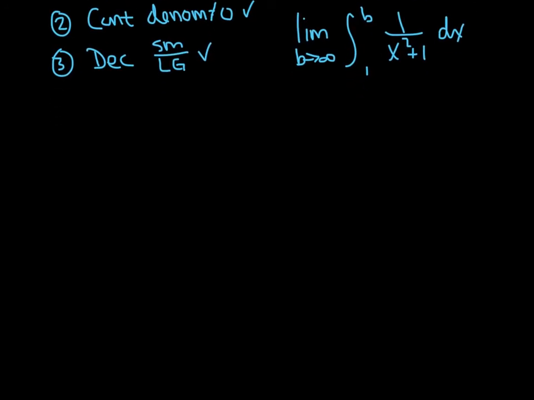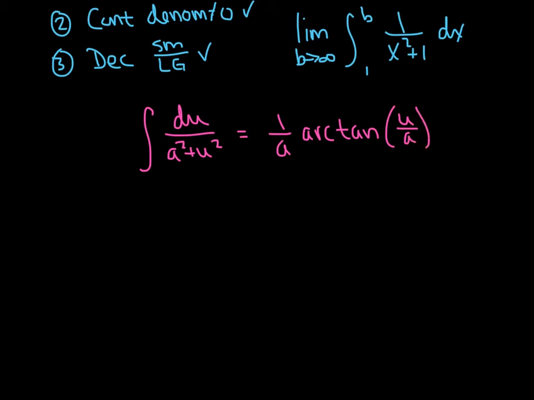And this actually fits one of our very special rules. It's the arctan rule. And if you recall, we said if you have du over a squared plus u squared, the antiderivative is going to be 1 over a arctan of u over a plus c, that was the general antiderivative. So I'm going to apply that one here.